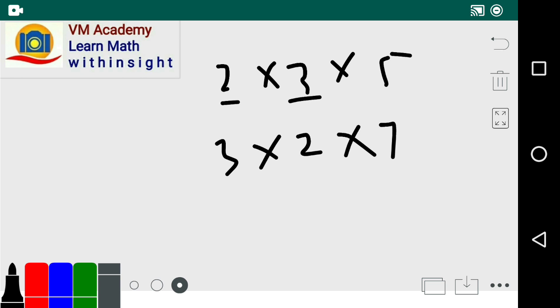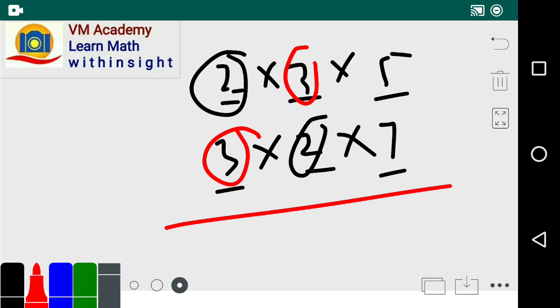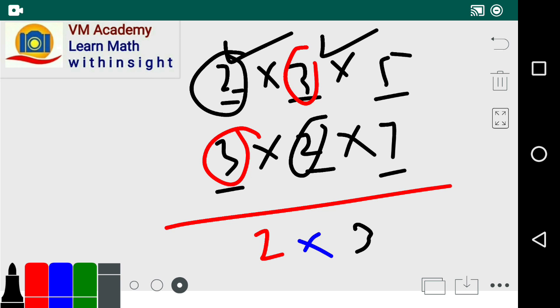All are prime numbers, friends. Now there are two common factors. So what is the GCD, friends? Here GCD is nothing but 2 into 3, friends. So this 2 and this 3.